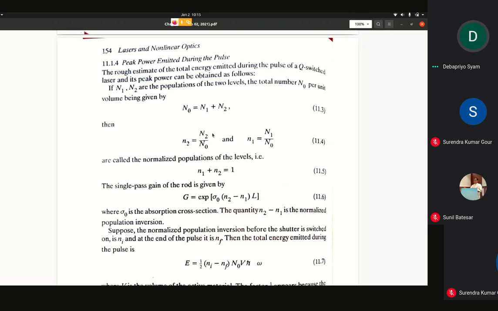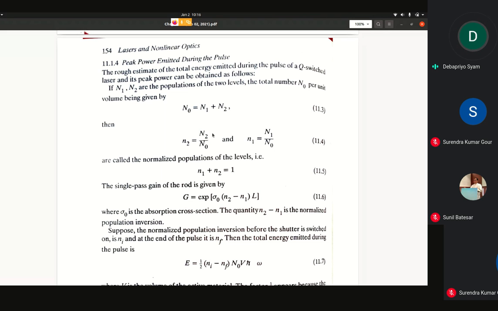Alpha is sigma 0 into n2 minus n1. This should be multiplied by capital N0. So what is written here is not correct. It should be sigma 0 into small n2 minus small n1 into capital N0 into L. So you can just correct that formula. As you can easily check by going back to the Ladenburg formula, you will see that that is the case. So this is the gain.